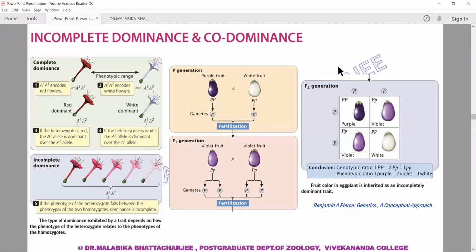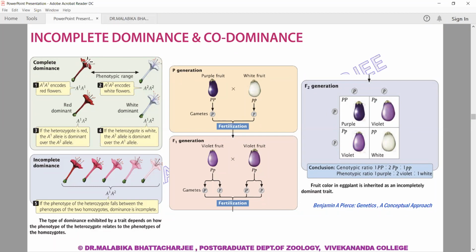Now let us come to this condition. As I said, incomplete dominance arises when the gene is not completely dominant to another allele. So if red is one parent and white is the other parent, we have two extremes. Let us suppose for this particular example that A1 is dominant to A2, or let us assume that we do not know which is dominant.